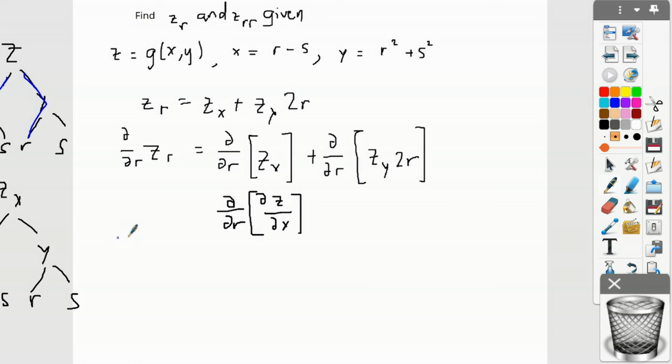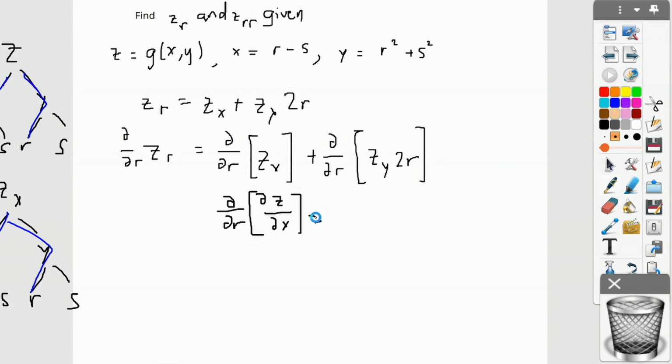So because it's still a function, we can still do it the way that we have always done it, and that is find the partial derivative with respect to r of dz dx. How are we going to find that? We're going to find that by doing this. So what do you end up getting for d dr of dz dx like this?